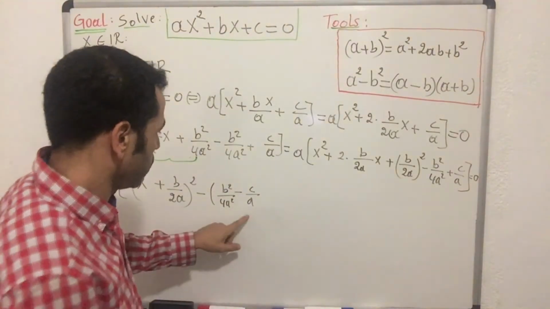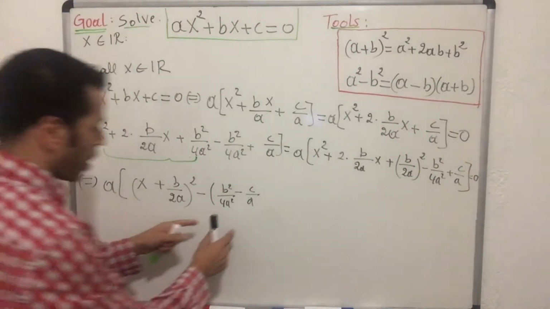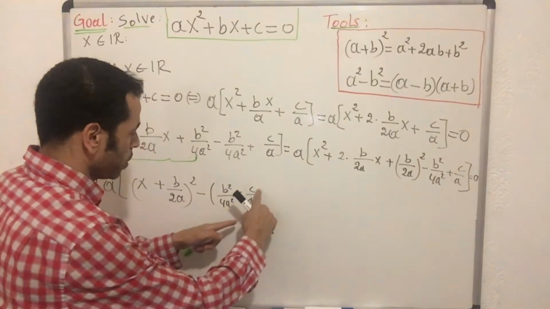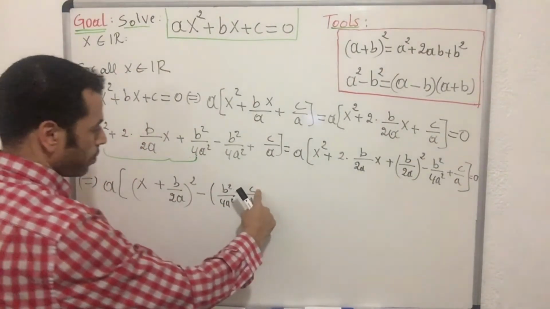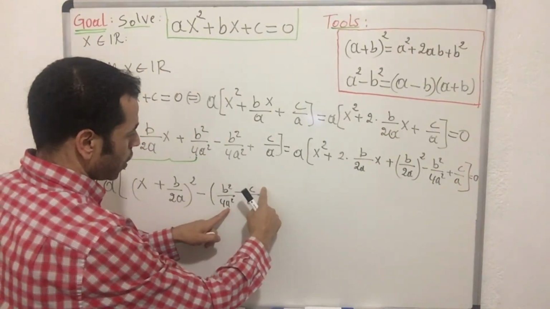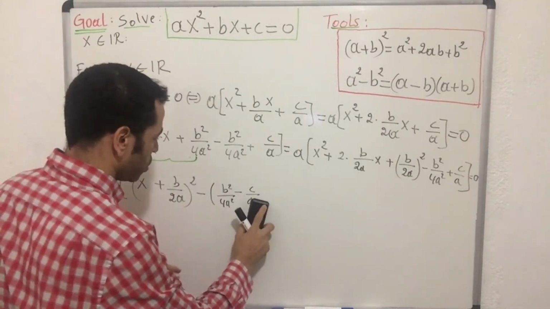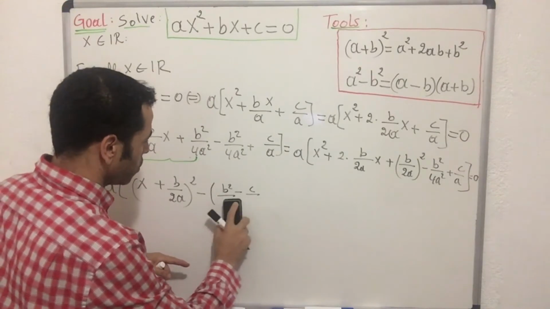At the same time, in order to get the common denominator, I have to multiply the number c by 4a, okay. I'm just making a common denominator.